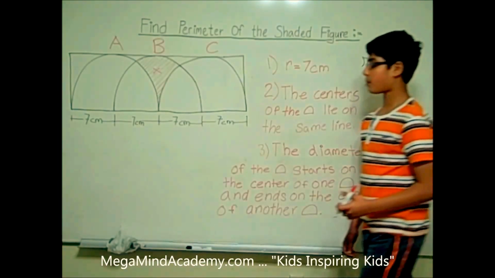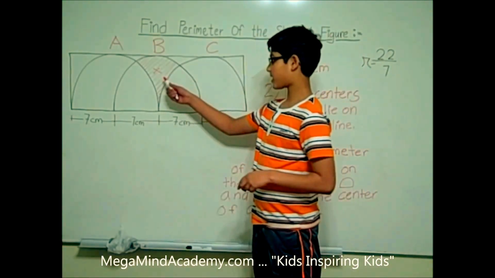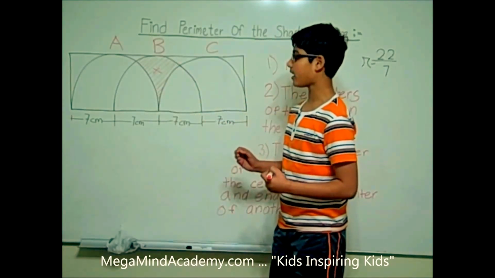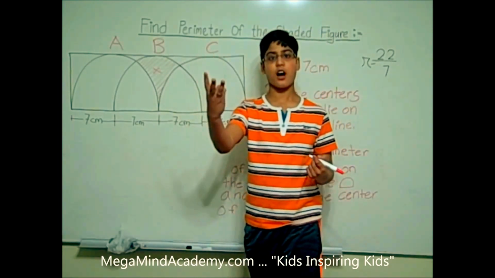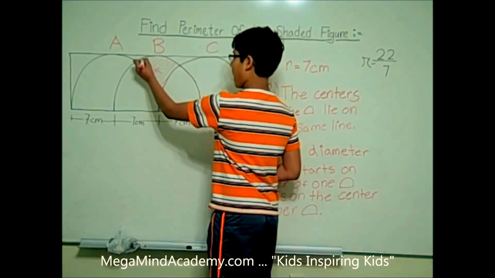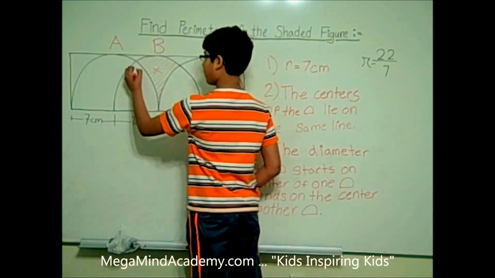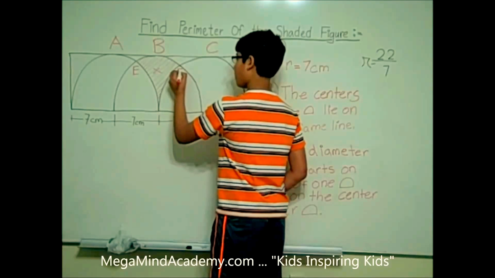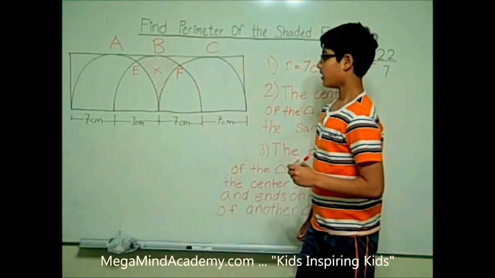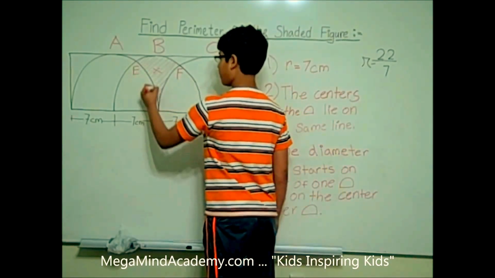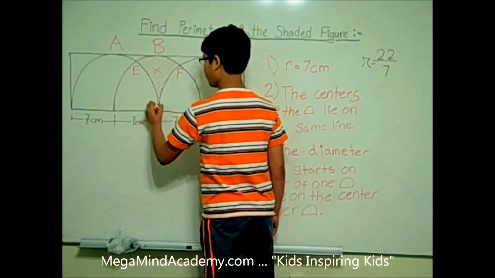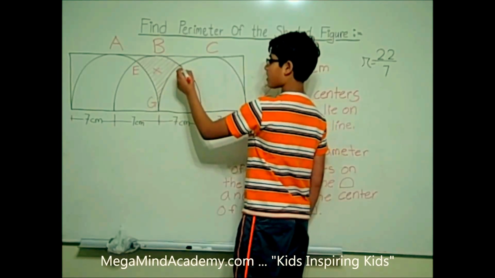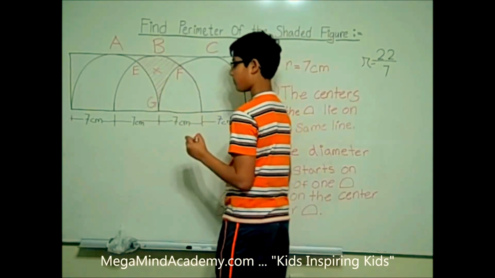Now let's find the perimeter of figure X. We can see in figure X, this will be labeled as arc FG.